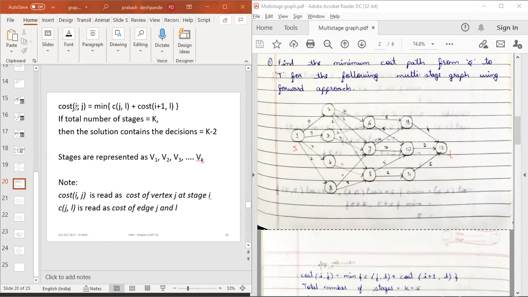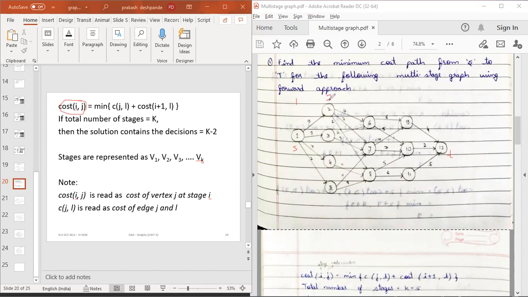Now the cost ij, here ij means i is the stage number and j is the vertex at that particular stage. For an example, if I write cost of 2, 3, that means in this particular graph, I can denote this as the stage 1.